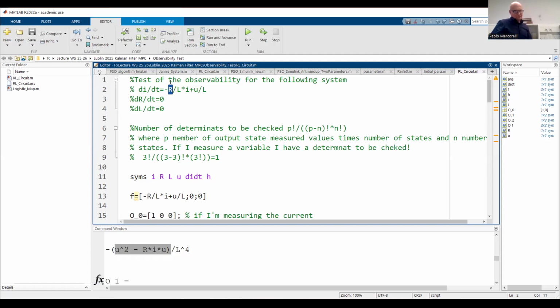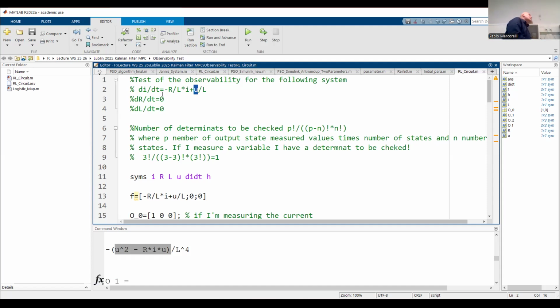Of course, nevertheless, I need this not to be zero, because if this is zero, we have something which is not dynamics anymore. If I don't have changes, I cannot estimate.